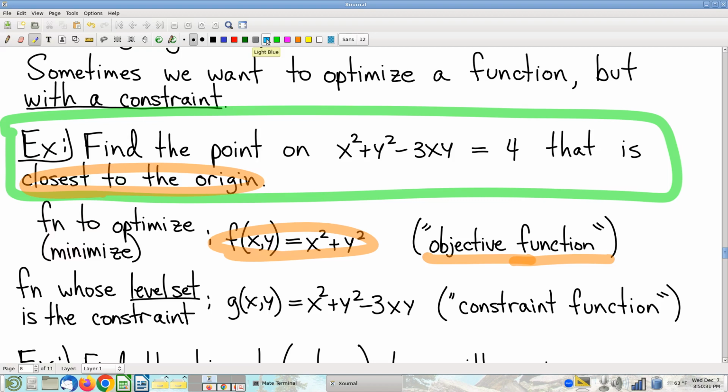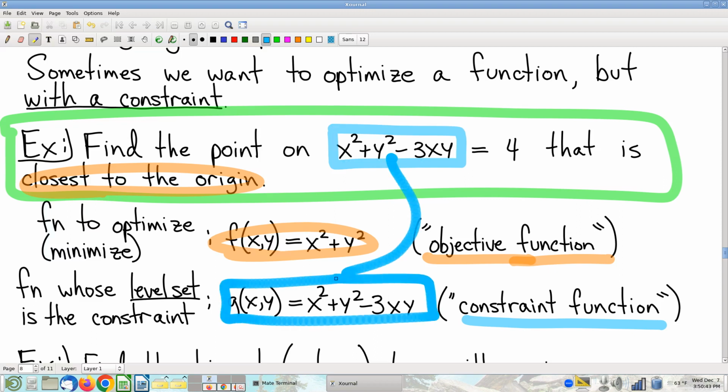Totally disconnected from that, completely independent, is what we call the constraint function. In this case, the constraint function is this right here. Very importantly, the constraint function is the function for which one of the level sets is your actual constraint.